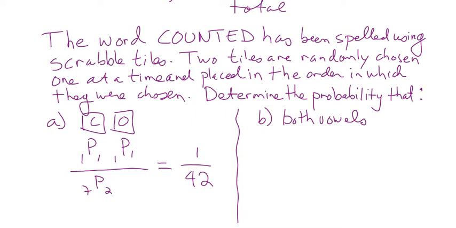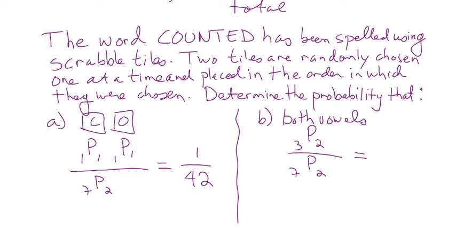So we're going to say 3P2 over, well, we already figured this one out, so it's not going to change. There are 3 vowels, and I want all the arrangements of 2 of the 3 vowels, where the order matters. So that's 3P2 over 7P2.